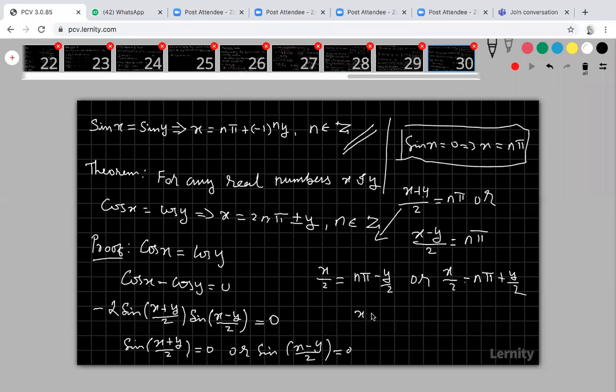So therefore x is equal to 2n pi minus y, or x is equal to 2n pi plus y. Combining these two, my general solution is x is equal to 2n pi plus or minus y, where n is any integer. Are you okay?